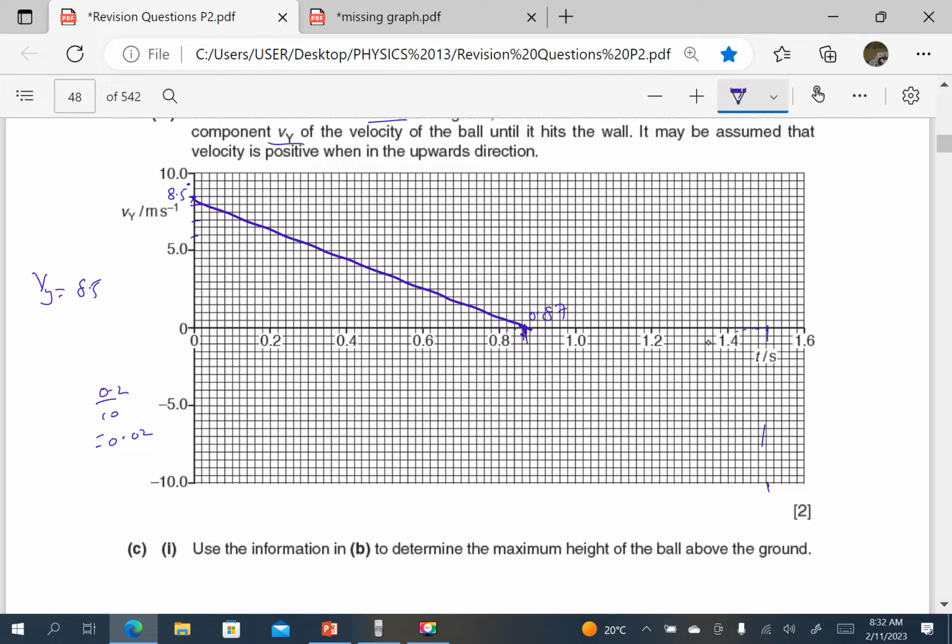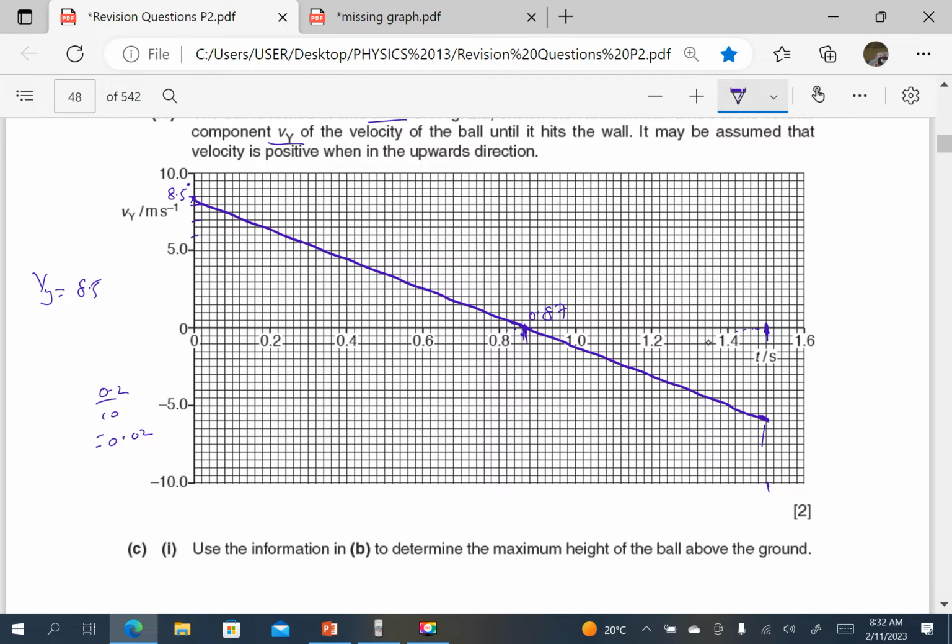Okay. Then the graph will continue because there is a change in direction when it is now falling, moving towards the wall. So I'll prolong this graph downwards. This graph should not go beyond 1.5 because it hits the wall at 1.5.